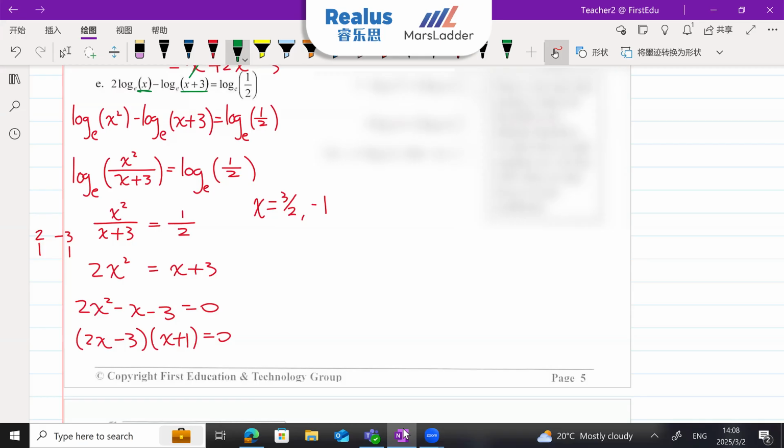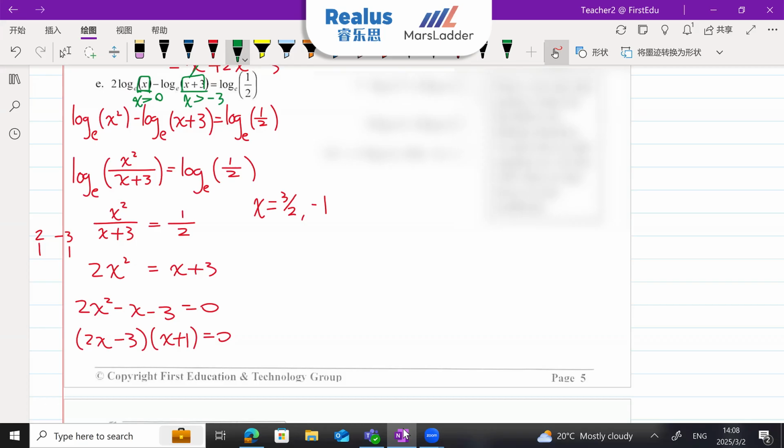Their argument, this guy here and this guy here, has to be a positive value. So when you're solving a log equation, you need to be thinking, my log says x can't be certain values. What can't x be? Well, in this case, x needs to be greater than 0, right? Because log base e can't accept an x value that is negative. And this one says x plus 3 needs to be greater than 0, which means x is greater than negative 3.